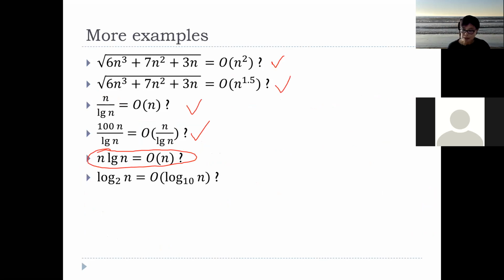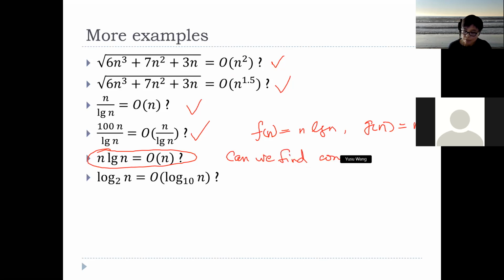So here, f of n is n log n, and g of n is n. And we ask ourselves the question: can I find some constant C such that for n large enough, f of n, which is n log n, is always smaller than some C times n?